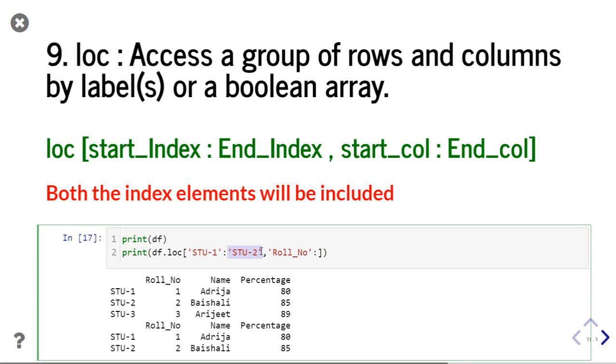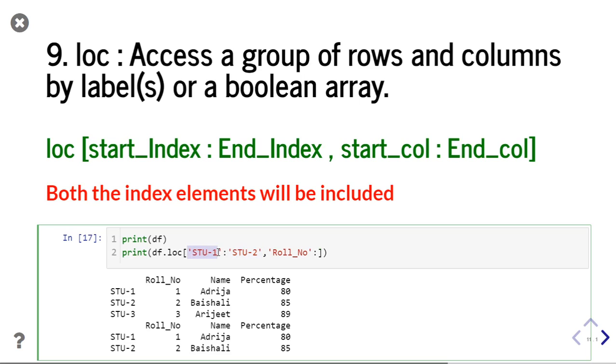It will not work like list slicing or string slicing, where we were providing positions of indexes of list or strings where the value comes one less than the index position. Here we are providing the names, so both the sides will be included.